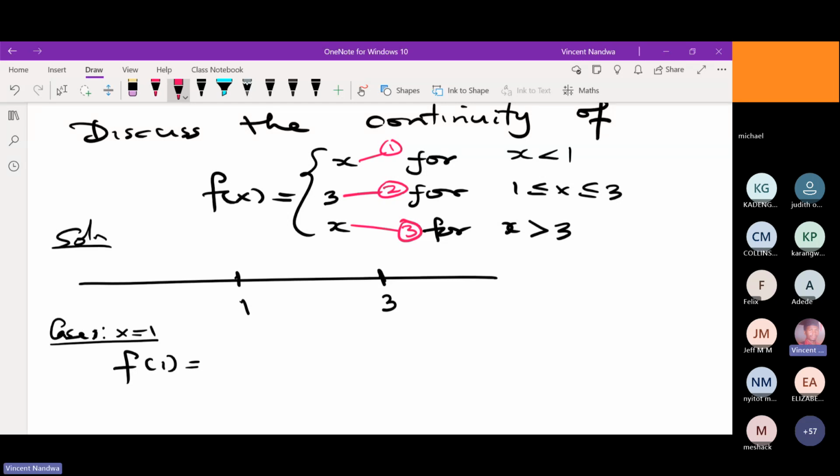So that's when you use formula 1, x. And then f of x will be 3 for any value of x between 1 and 3, inclusive. And then the other formula is x when x is strictly greater than 3. So for x equals 1, which of the 3 formulas will be applied?